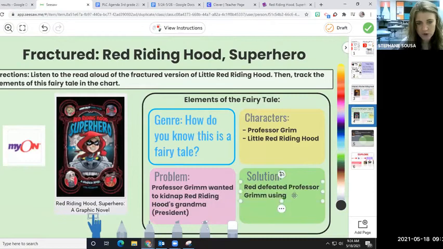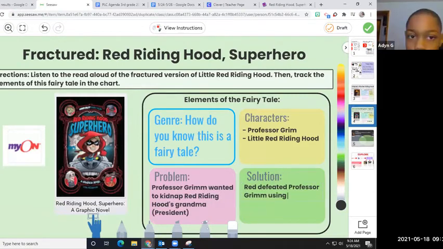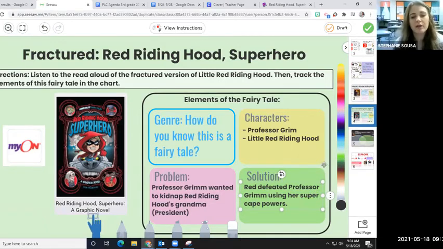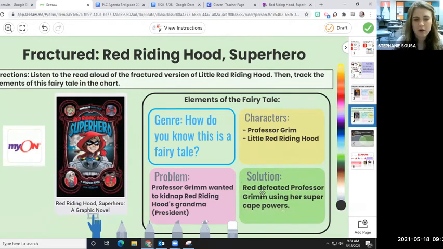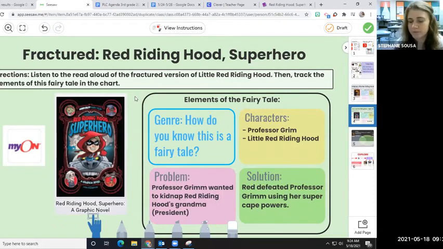Using that super cape. There we go. Using her super cape powers, okay? There was some magic inside of that cape, or at least magic as we understand it. It could have been technology from an alien, but for now we'll call it magic, okay?